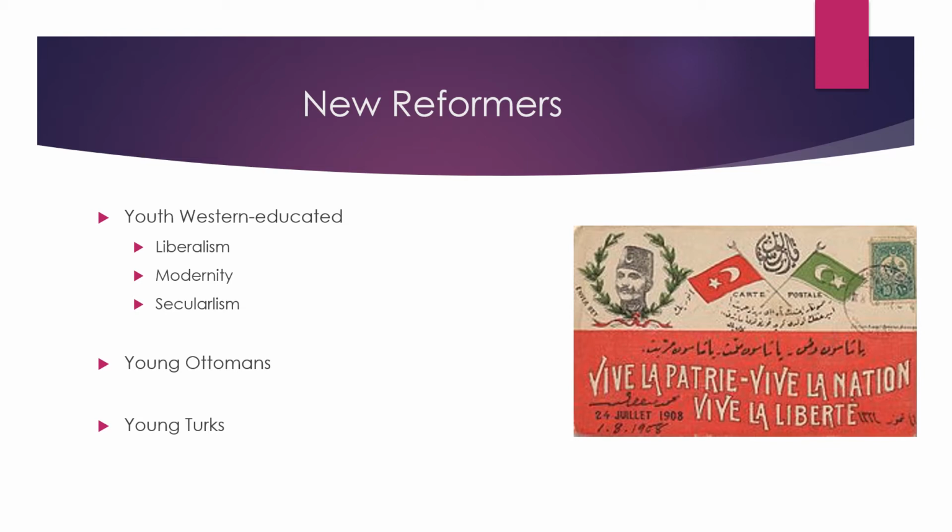Their foundation is the Ottoman identity. Unfortunately, because of all this Christian and Jewish and other ethnic rebellions throughout the Ottoman Empire, that doesn't really go anywhere. And so by the 1890s, the Young Ottomans morph and become known as the Young Turks.